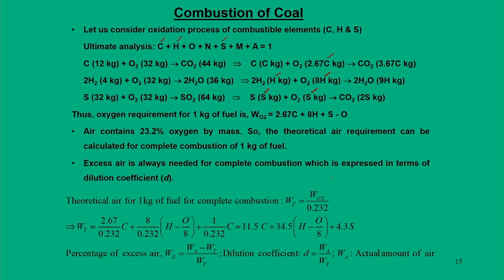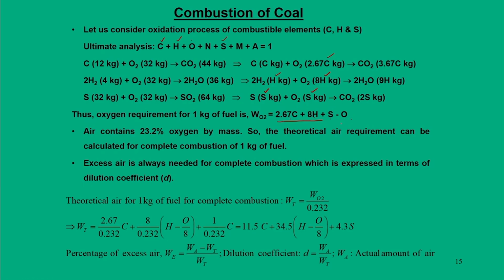So, the total oxygen requirement for these combustible elements would be 2.67 C plus 8 H plus S, but already coal contains some oxygen, so it is minus O. Our requirement is this minus O, because some oxygen is already present in the coal.